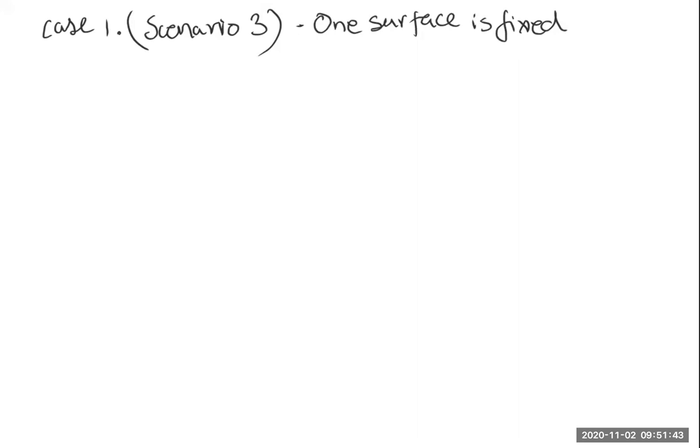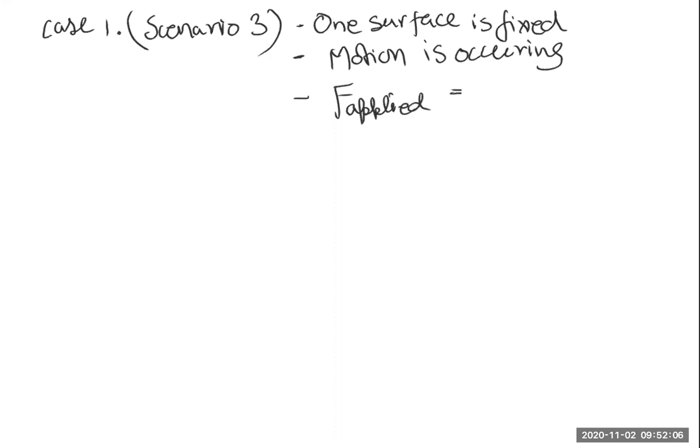One surface is fixed. उसके बाद motion is occurring. Right, so you can see that there is motion. But the weirdest factor is that the value of F applied is equal to 0.